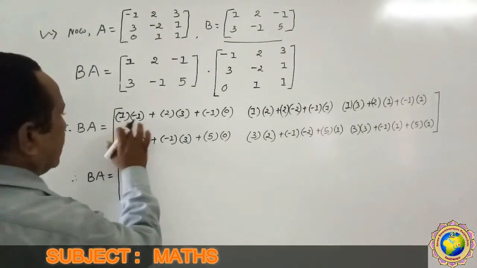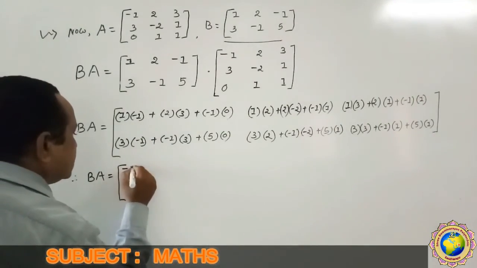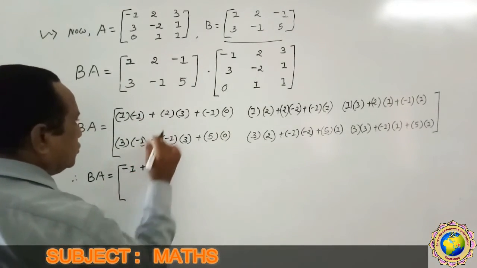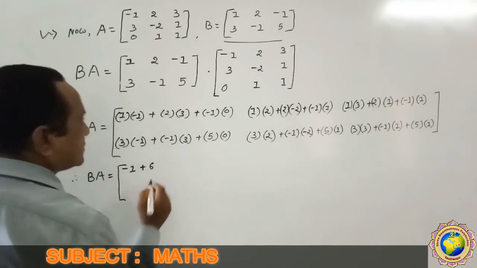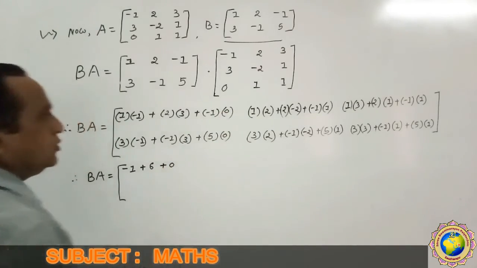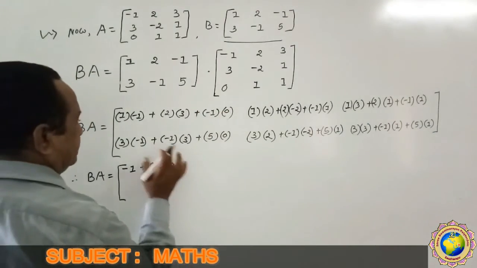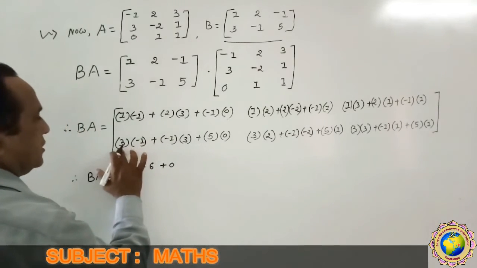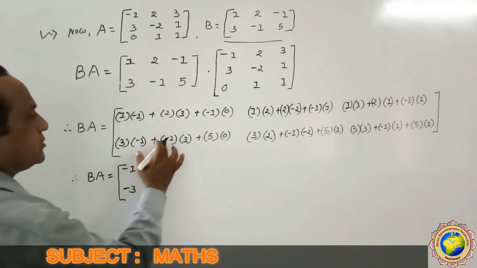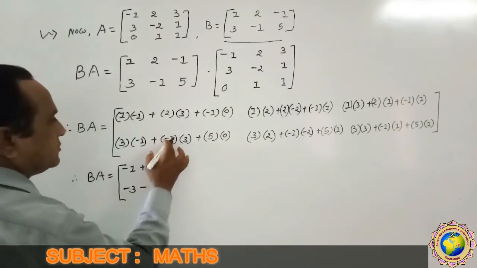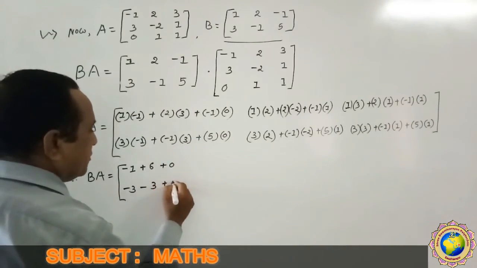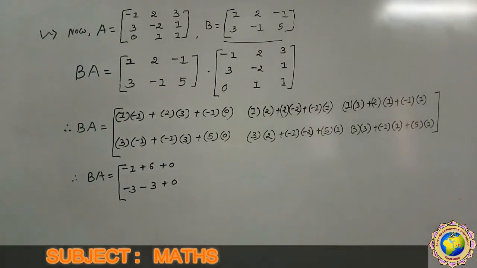We write down 1 multiplied by minus 1, that is minus 1, plus 2 multiplied by 3, 6, 1 multiplied by 0, that is 0. Clear? Now second row: 3 multiplied by minus 1, minus 3, plus minus 1 multiplied by 3, that is minus 3, plus 5 multiplied by 0, that is 0.